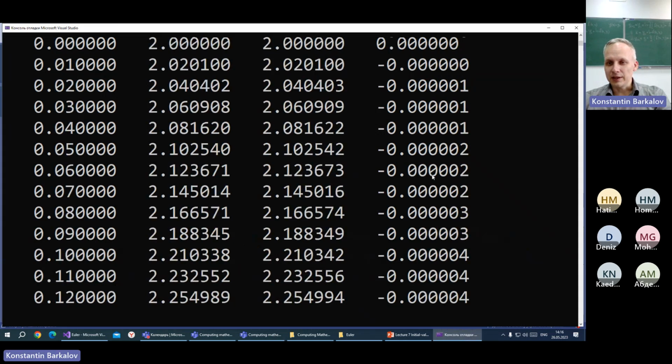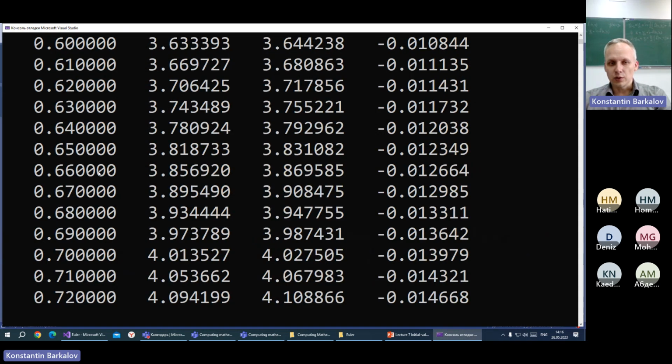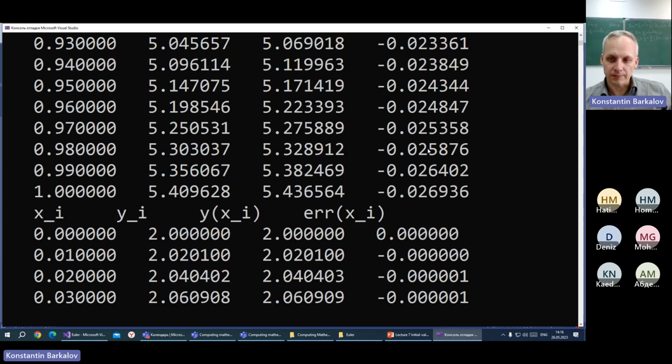Well, let's compare the results. So, as you remember, the last column corresponds to the error. At the last point, we see an error 10 times smaller than in the first case, but it is still large. Approximately 0.027 for Euler's method.